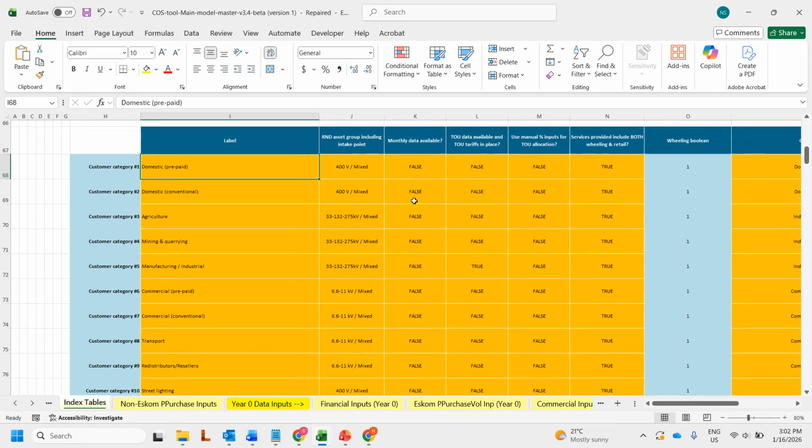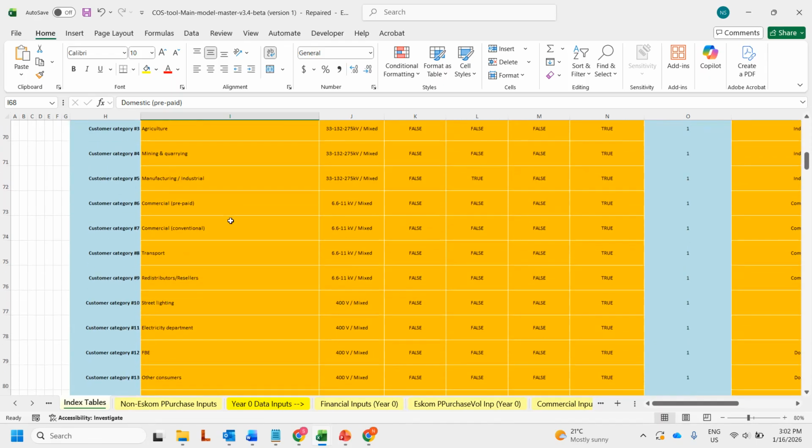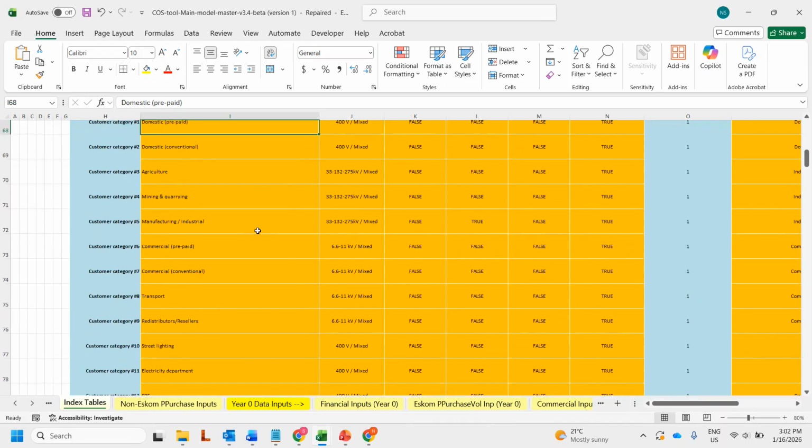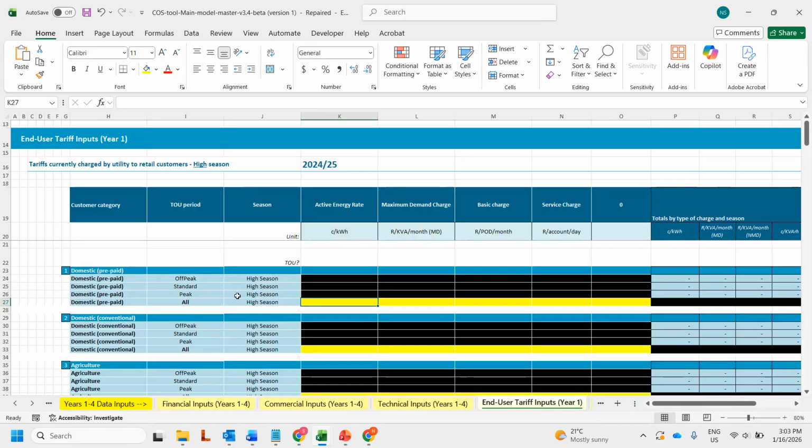And you could potentially find that you have to make some other changes as well. So what we often recommend to municipalities is that you keep the customer categories as they are, and you choose the tariff that applies to most of the customers in that category.